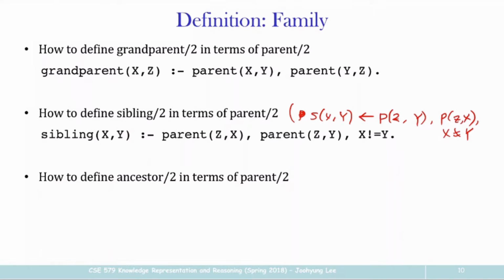Good. How do we define ancestor in terms of parent? Recursively. Okay. How do we define ancestor in terms of parents? Ancestor XY. Let me select one person. Okay, so how do we define ancestor in terms of parent?